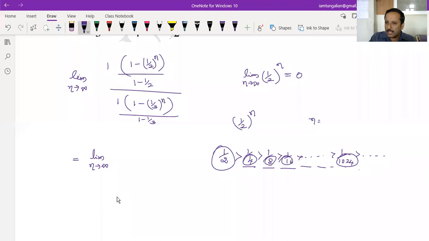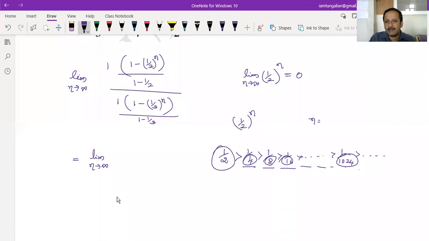The numerator is 1 only. So as the denominator increases, the value of the fraction goes on decreasing. And by the time n reaches infinity, this fraction will reach 0.